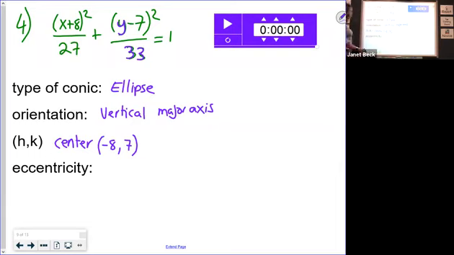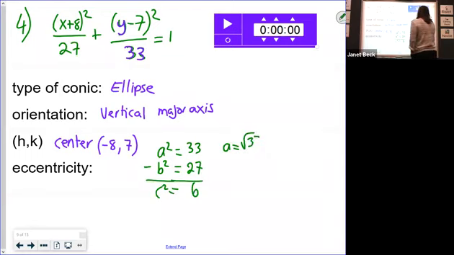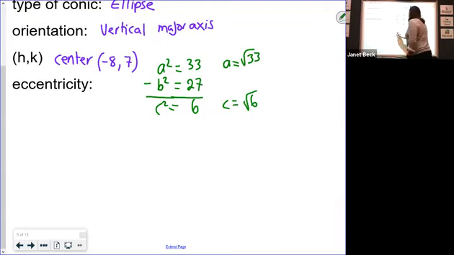Now the eccentricity, we're going to have to work this out. So we've got A squared minus B squared will give you C squared. A squared is 33, B squared is 27, subtract those and you get 6. So your A is the square root of 33, C equals the square root of 6. So you're probably thinking your eccentricity is C goes on top.